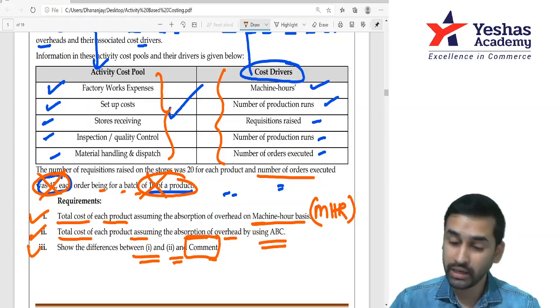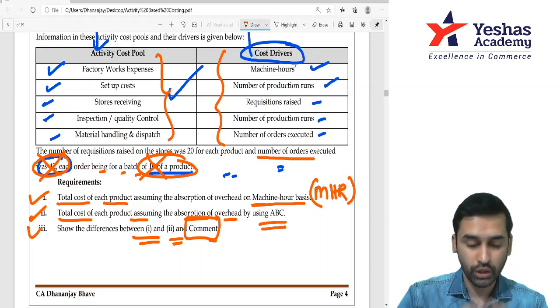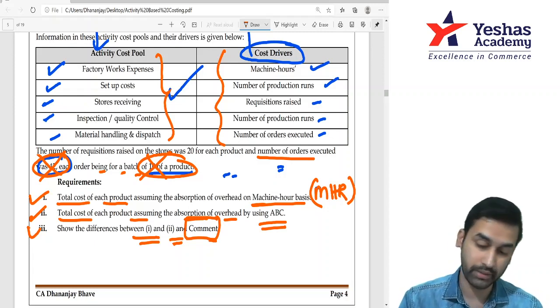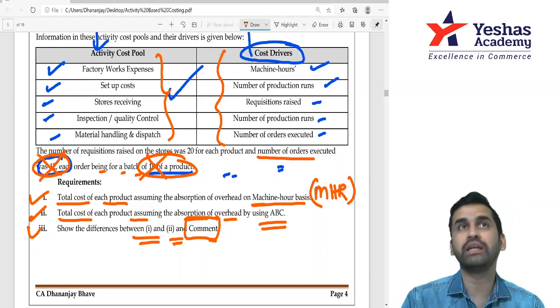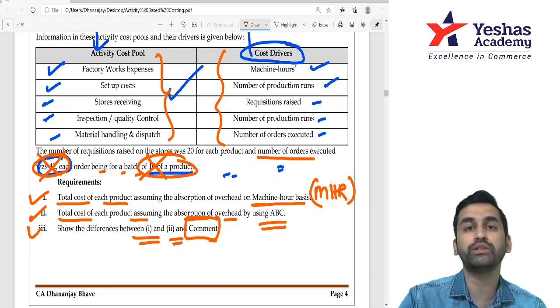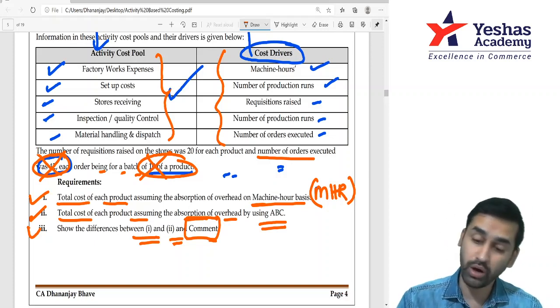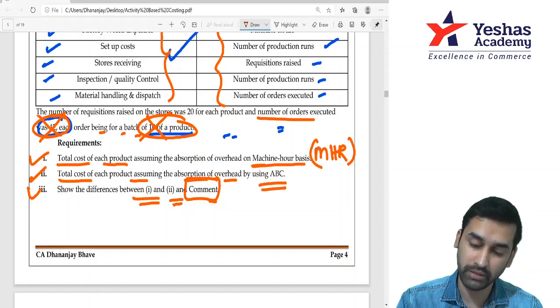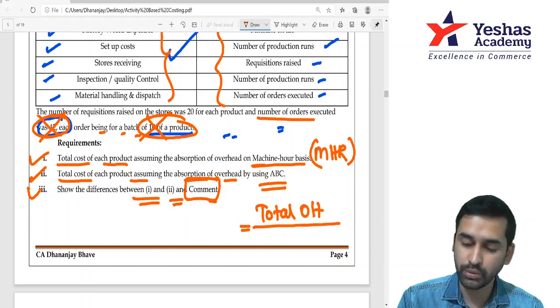Clear? Now sir, first sub question, how to answer? Sir, in the first question they are saying total cost of each product. They want us to do it under the MHR method. What is the MHR method? Sir, here we will estimate overhead based on machine hours. Perfect. What should be the formula? You want to estimate overhead based on machine hours. That means numerator should be total overheads, denominator should be total machine hours.